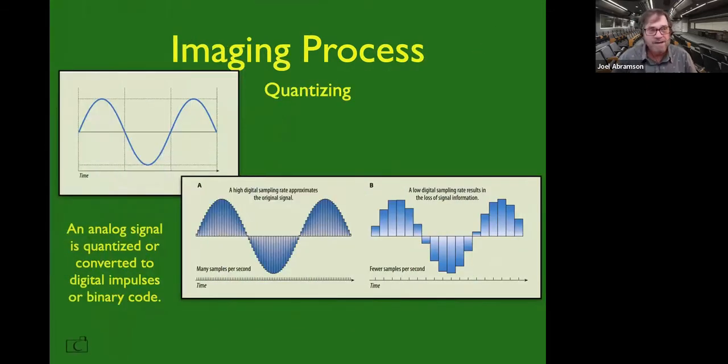Now, we take our signal and convert it from what they call an analog signal into a digital signal. Basically you're taking a wave, and that's what we have there on the top. Let's say that wave is the analog signal, the electronic signal of a picture, right?